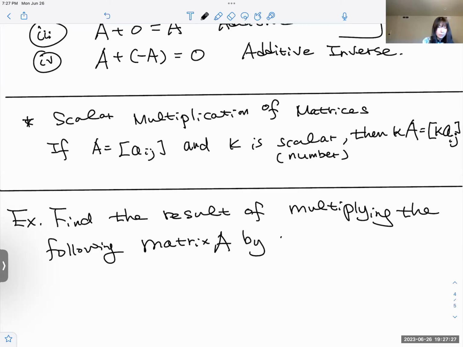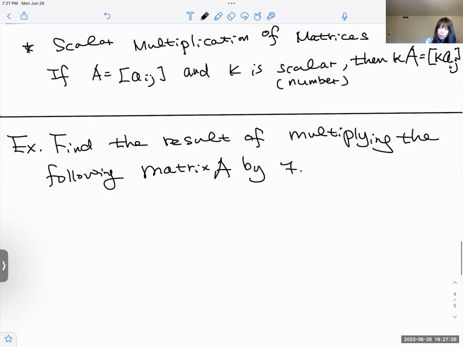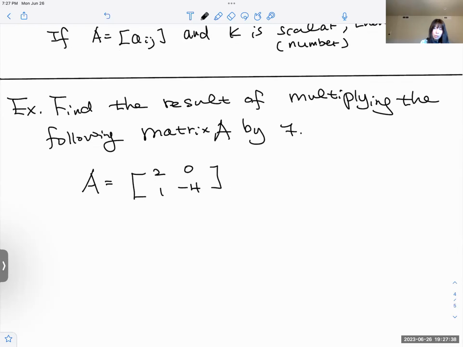Okay, so we have A equal to the 2 by 2 matrix 2, 1, 0, negative 4. We are multiplying by 7, so we do 7A. So 7 times the matrix 2, 1, 0, negative 4.